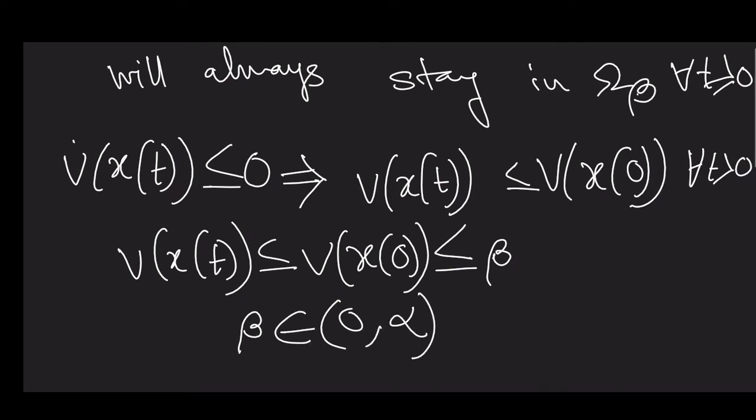What is alpha? Alpha is the minimum of V(x) over norm x equal to r. Like this is actually alpha, the minimum value of V(x) that you can get on the outer shell.